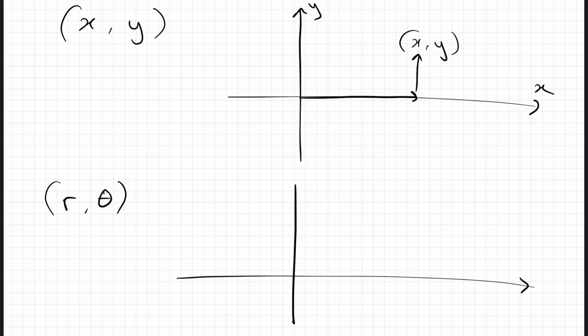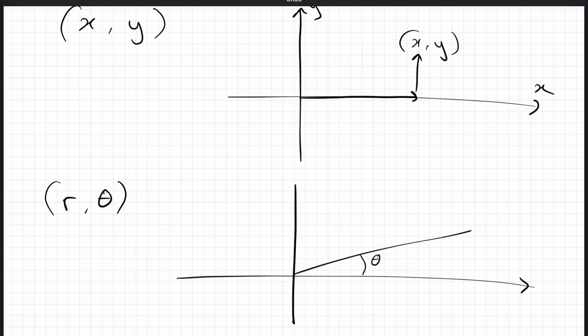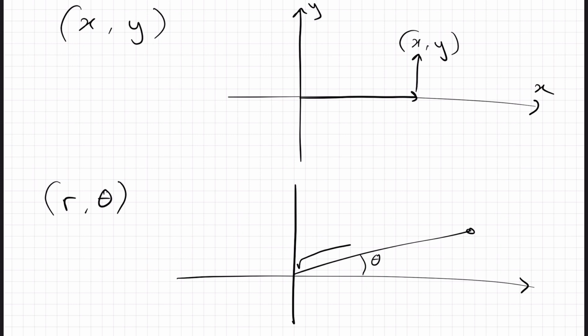So to plot a polar point, let's just say we had this point, what we do is, first of all, you have to make an angle theta with this baseline, and then you have to go along a distance r. So let's just say r is over here, and I'll just label this distance r, like so. And this point is (r, theta).